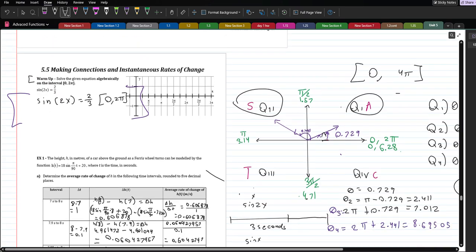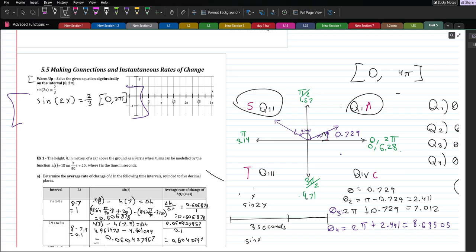You can do that here by increasing the distance that sine 2x has to traverse, by doing sine 2x is equal to 2 over 3, 0 to 4 pi. Now this whole thing is the same as sine x is equal to 2 over 3, 0 to 2 pi in terms of points.